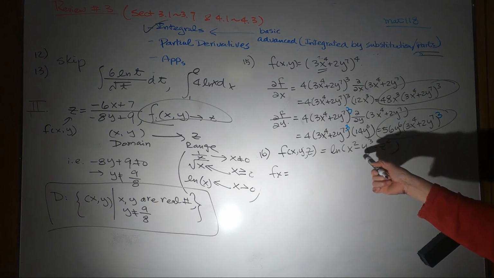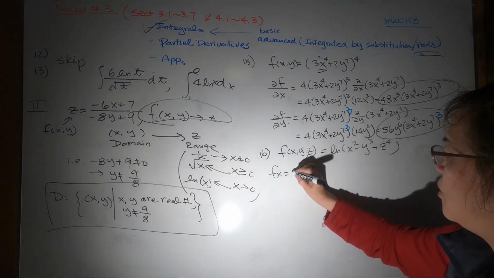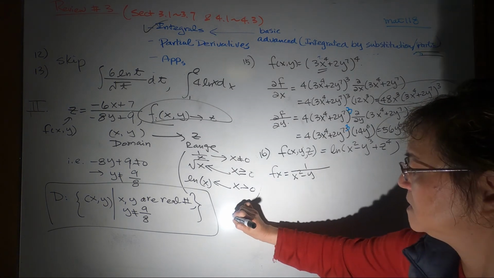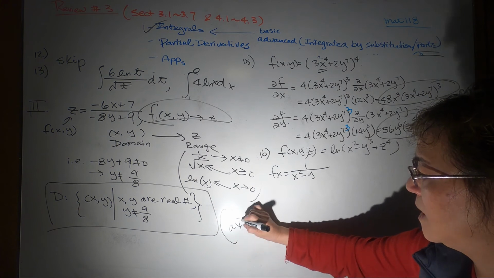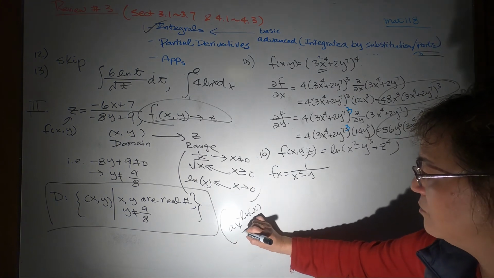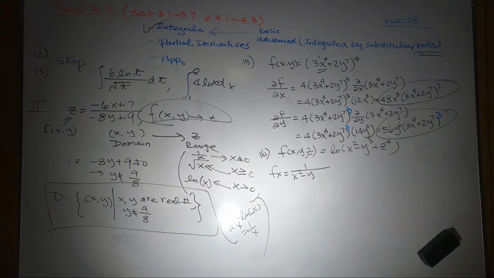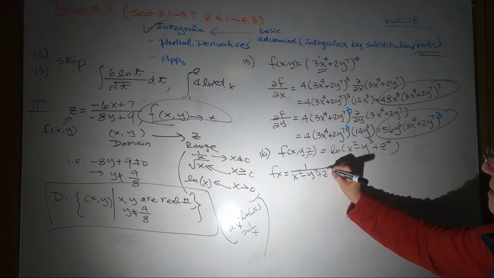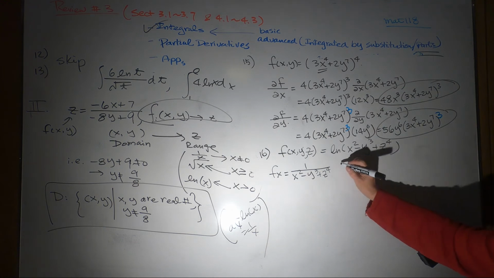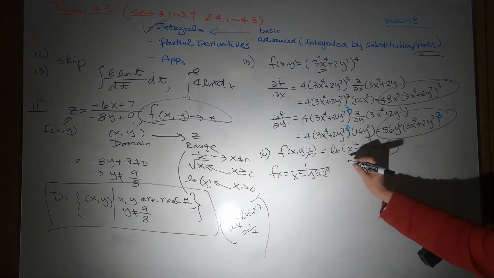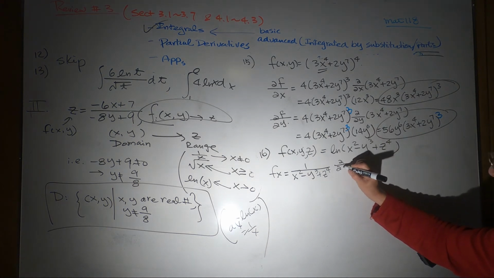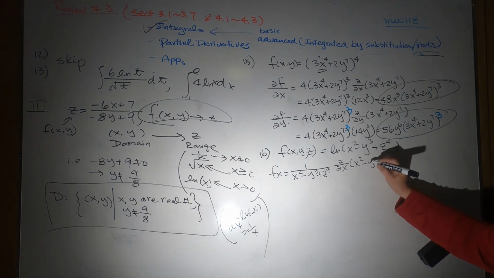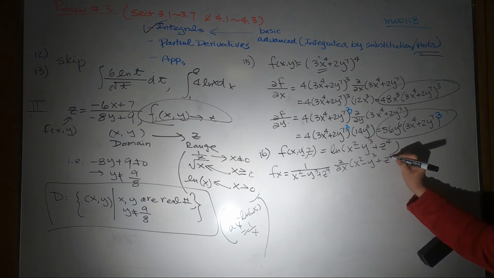So for the log, for the x, you do what? 1 over, right? Because dx of natural log x would be what? 1 over x, right? But inside it's not the simple x, so you need to do chain rule del x of x squared minus y cubed plus z4.